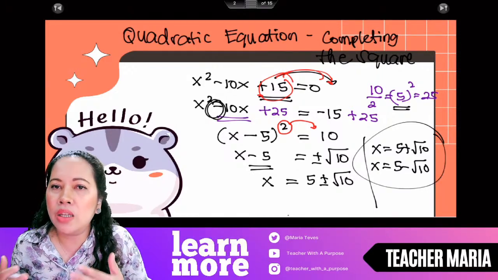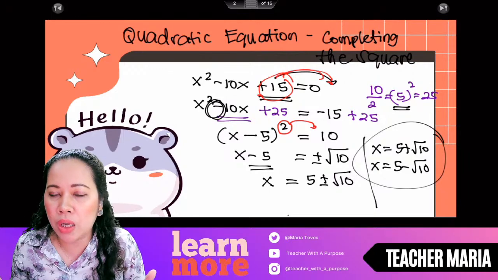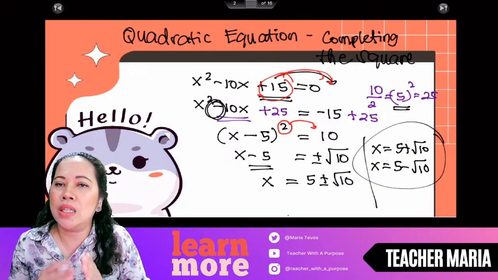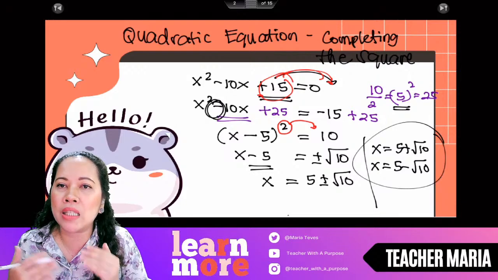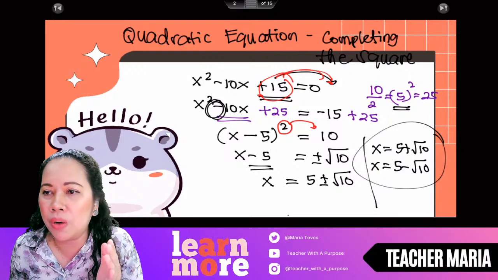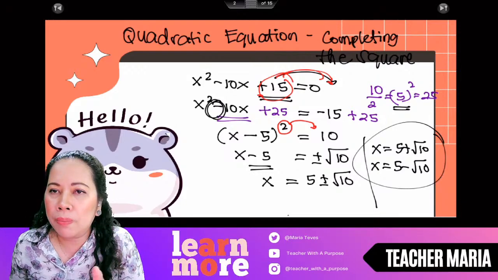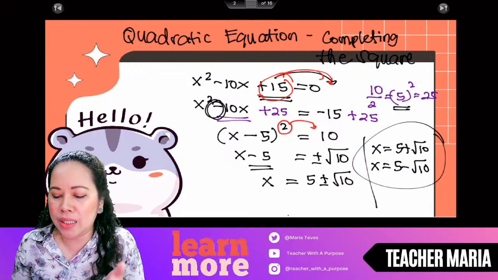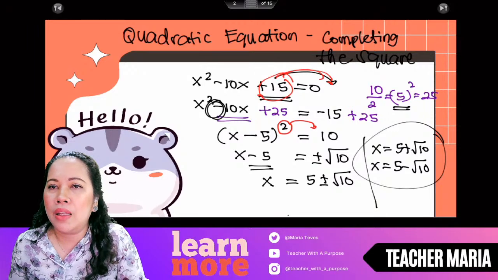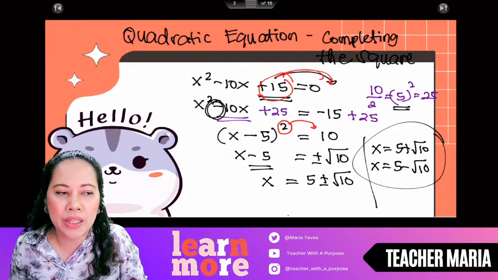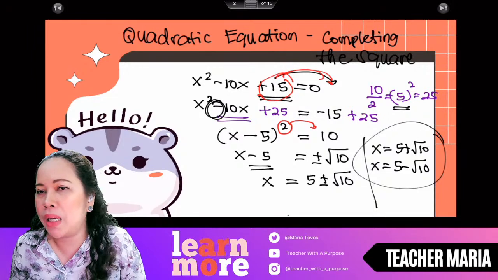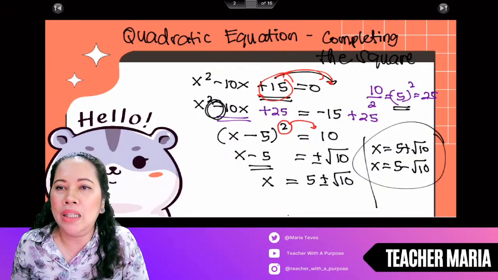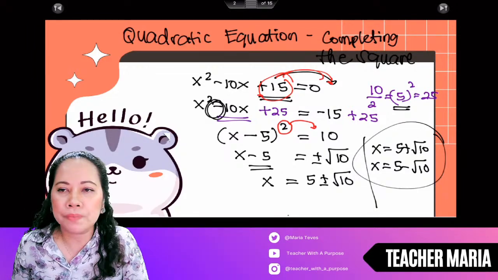Once that's done, you factor the perfect square trinomial on the left side, which is x minus or x plus, depending on the sign of your middle term, minus the quotient value, which is, for this case, 5. And then transfer the square to the other side of the equation, that becomes plus minus the root of 10, and you will have your answer.